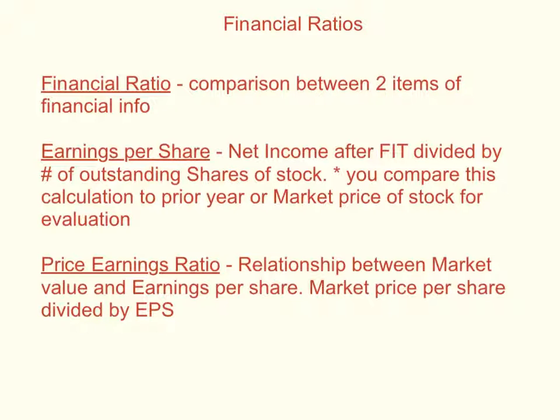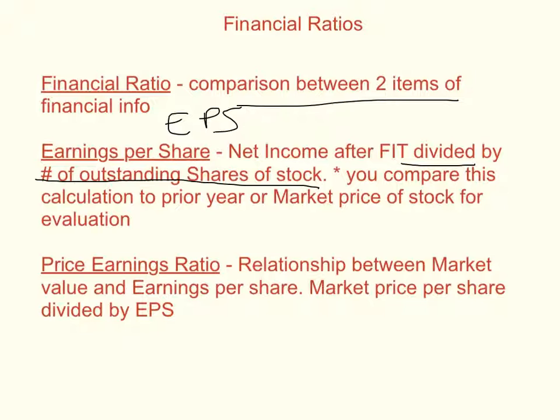Remember, ratios are comparison between two items of financial information. One ratio analysis that you can do is to calculate out your earnings per share. This is also referred to as EPS. This is your net income after federal income tax divided by your number of outstanding shares of stock.